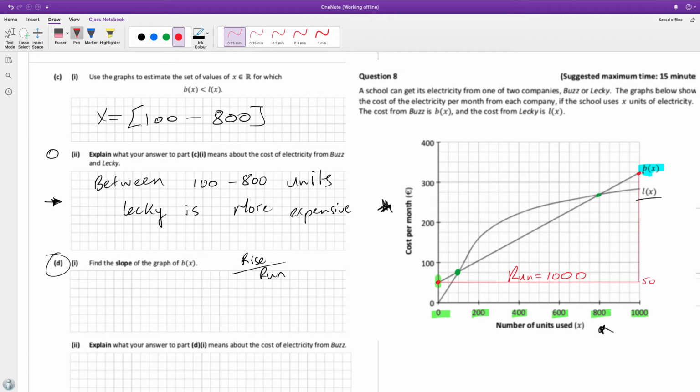What's this point up here? 325. How much is it from 50 to 325? Calculator. You don't do that in your head. 275.